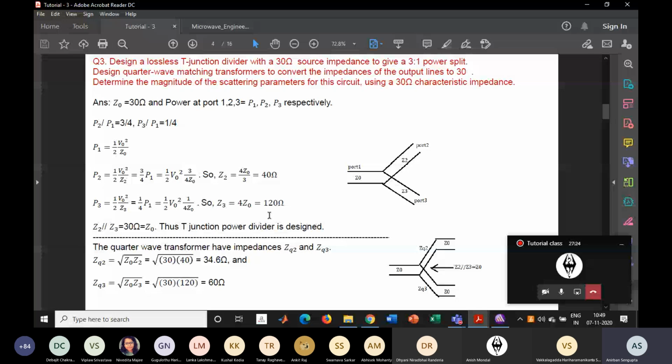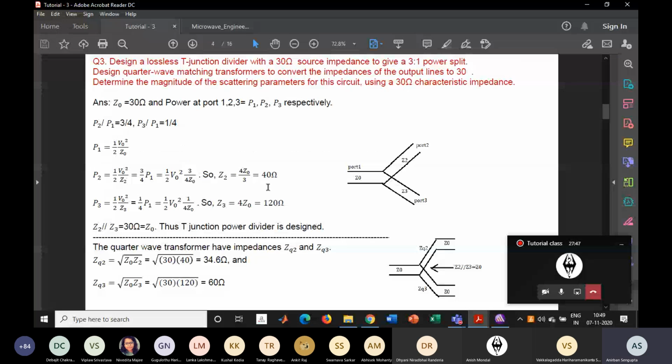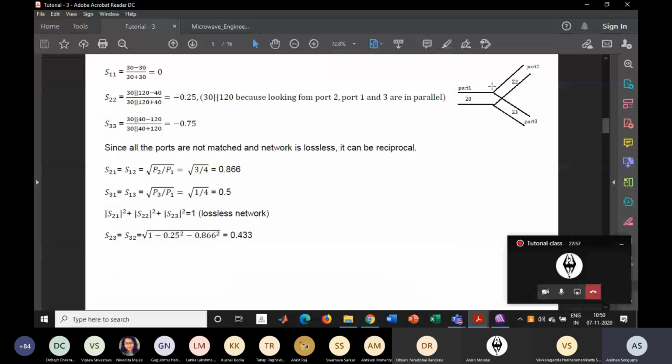But in the third part, they haven't considered that. They have said that both the ports are unmatched. It is also written here. So only the values that we calculate from the first part, that is Z2 and Z3, we consider for the calculation of the scattering parameters. That's why we don't use it, because if we matched already, S22 and S33 would again be zero, like S11, right?